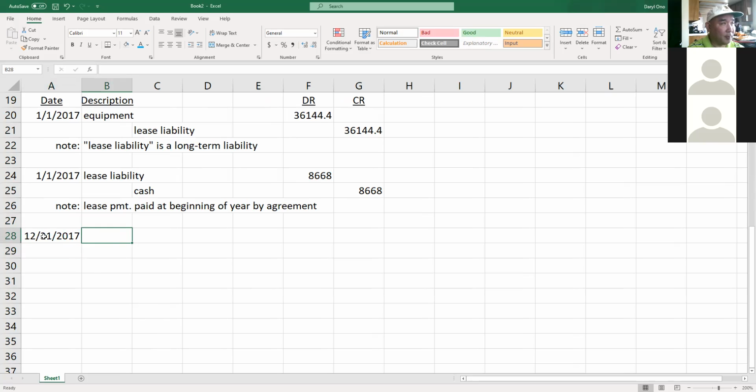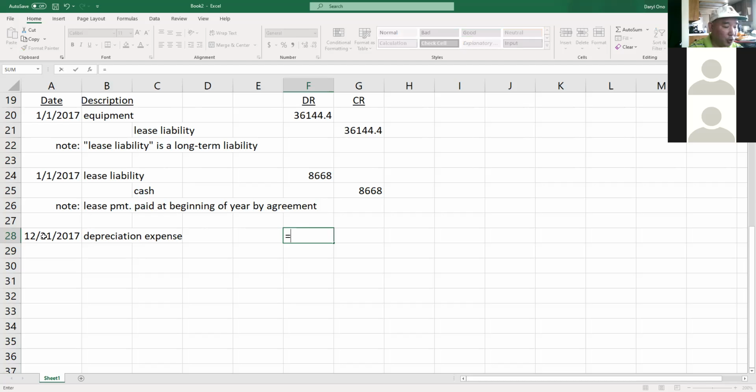What are we going to do? Basically, this equipment is yours. You're using the lease basically to pay for this. So therefore, your depreciation expense is going to be equal to what?